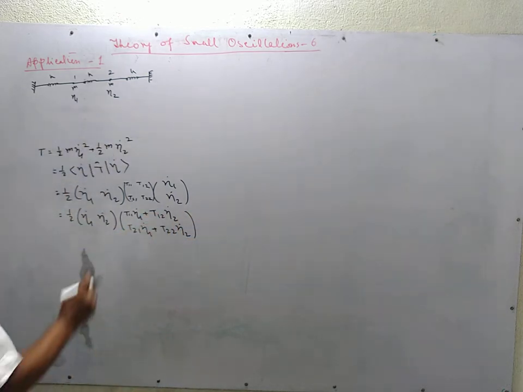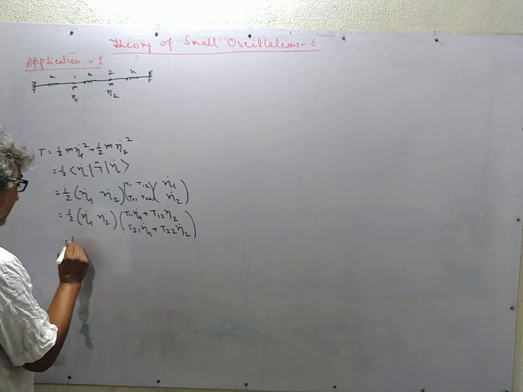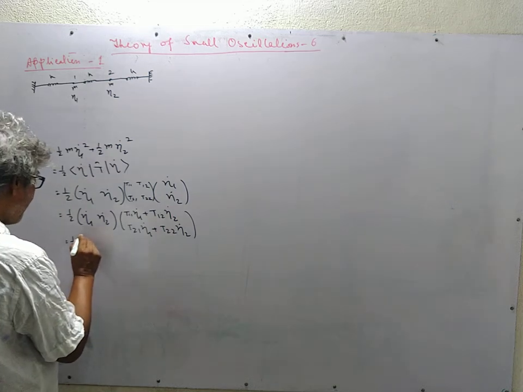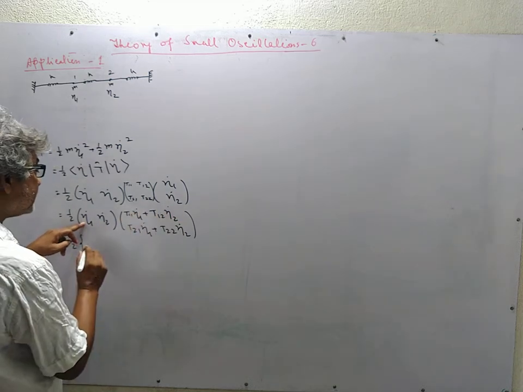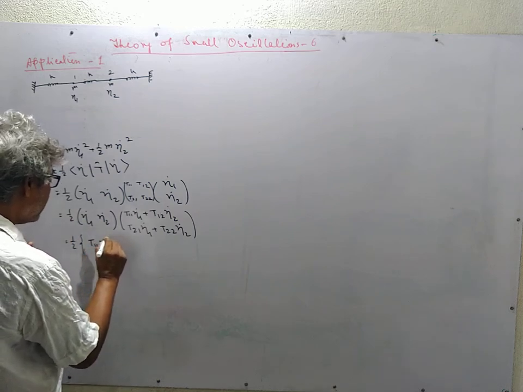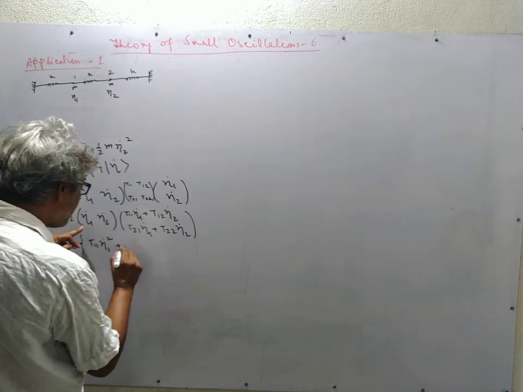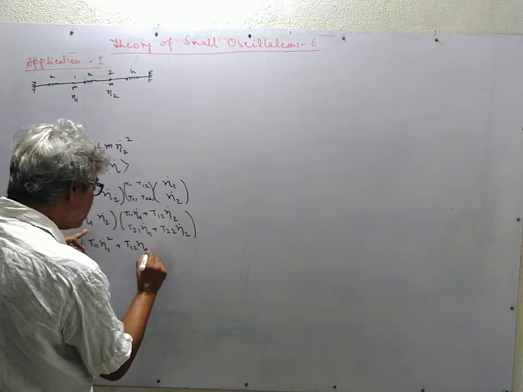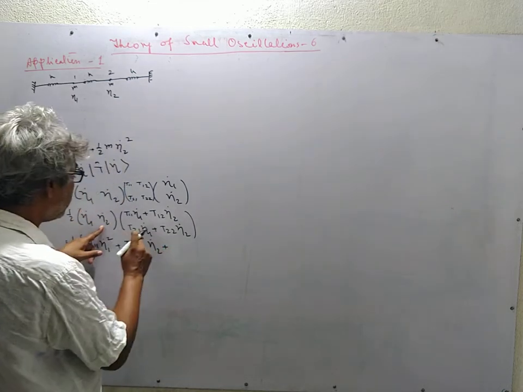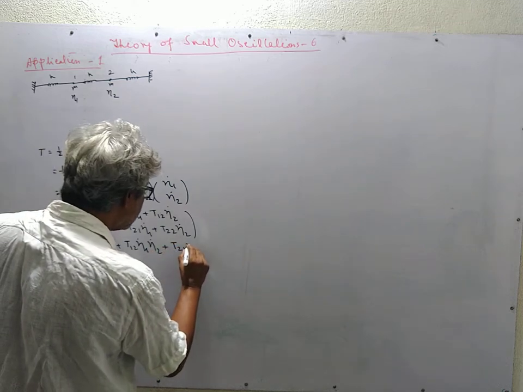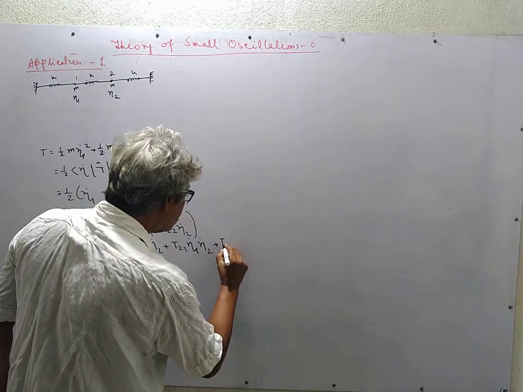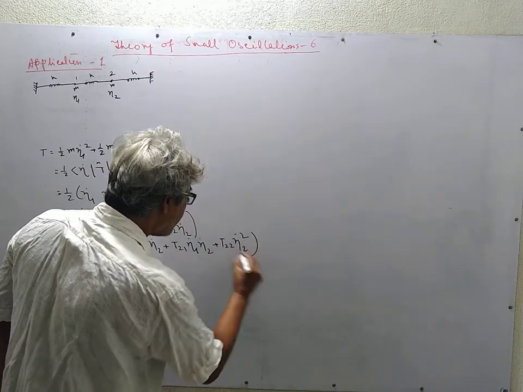And if we multiply this with this, we have T11 eta 1 dot square plus T12 eta 1 dot eta 2 dot plus T21 eta 1 dot eta 2 dot, and this multiplied by this, T22 eta 2 dot square.